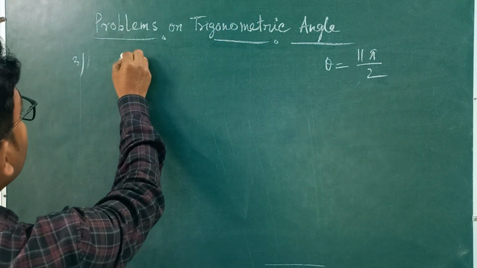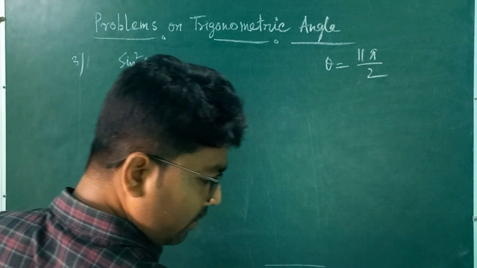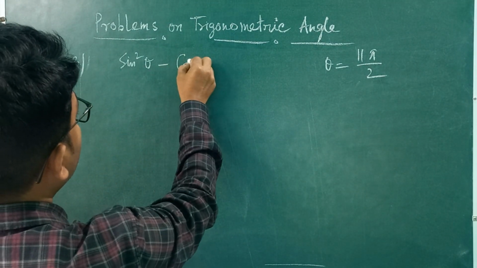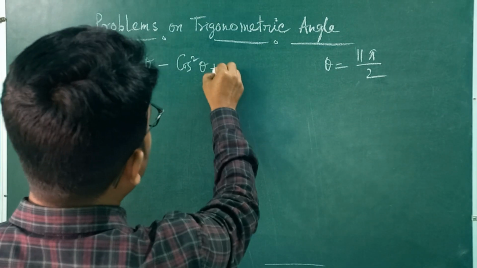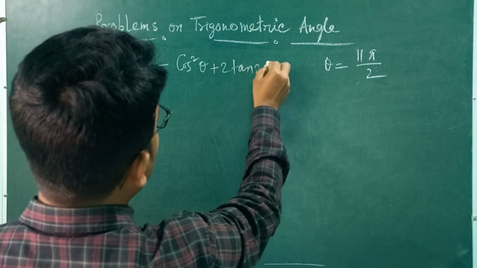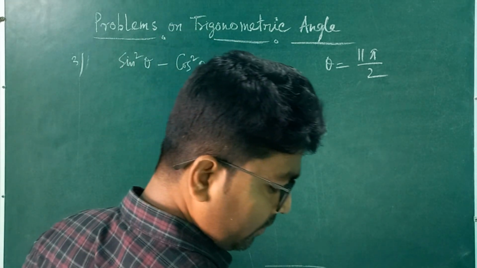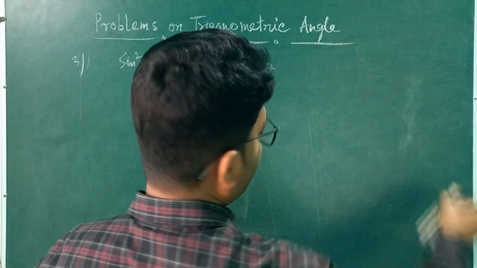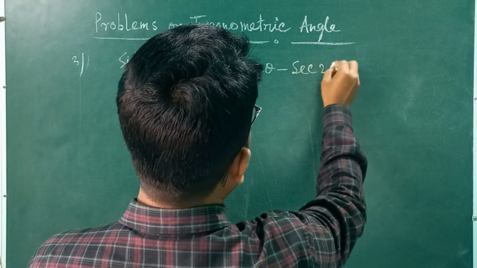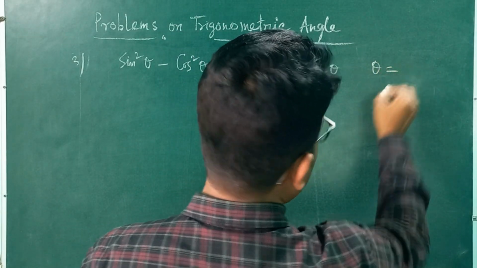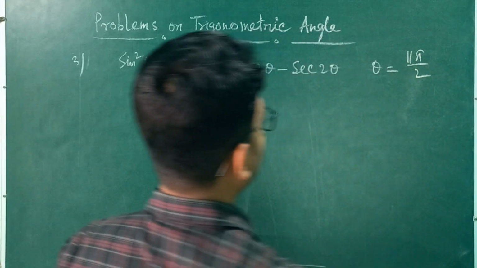We have to calculate sine square theta minus cos square theta minus 2 tan 2 theta minus sec 2 theta, where theta equals 11 pi by 2.